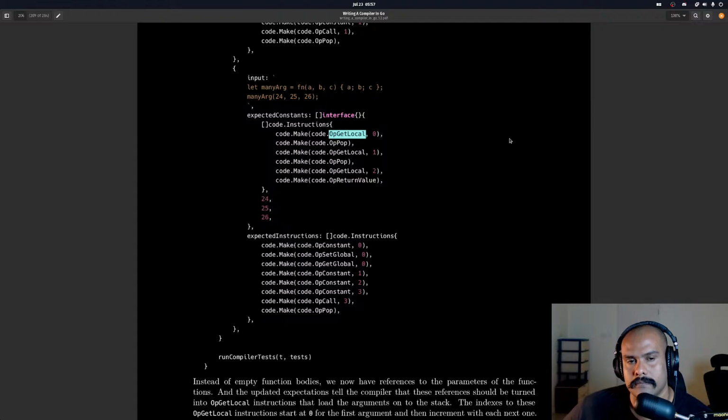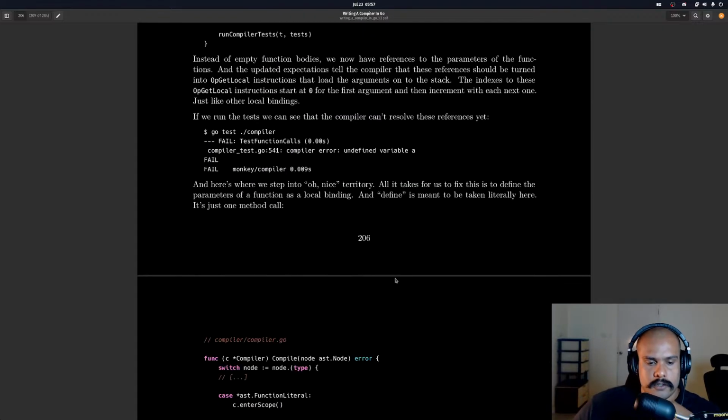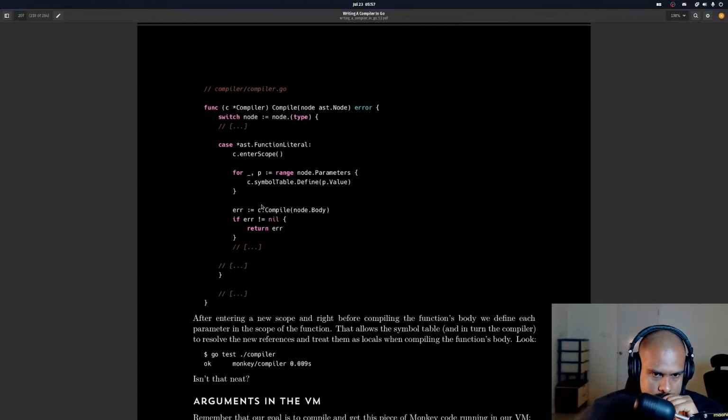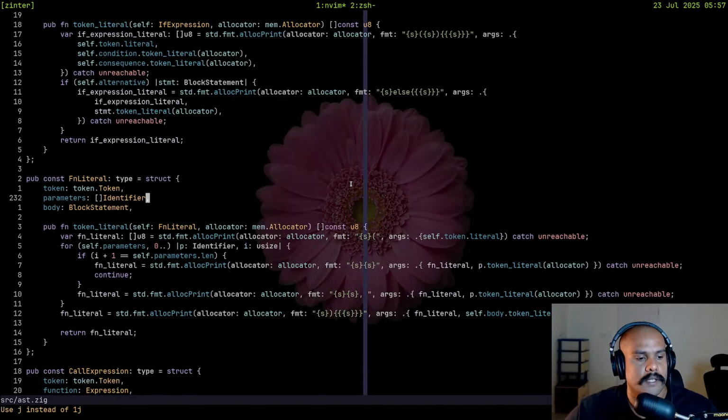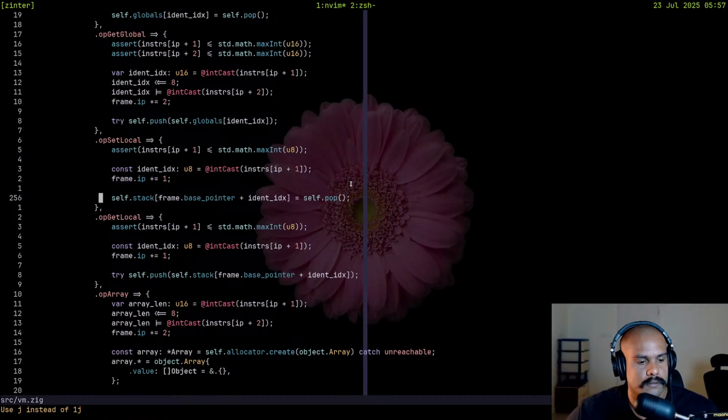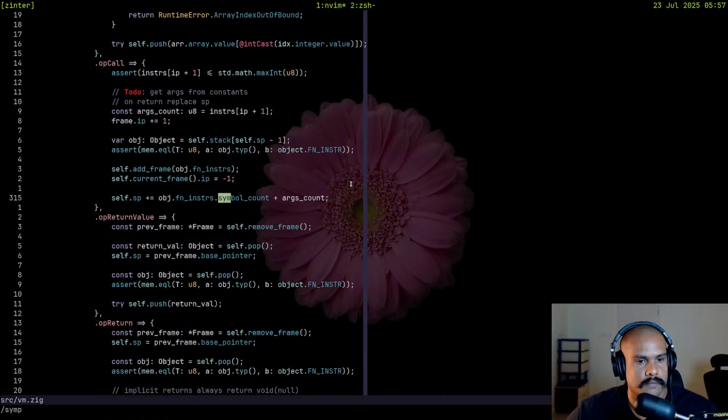Maybe. Not entirely sure how this works. Let me have a look at the symbol table.